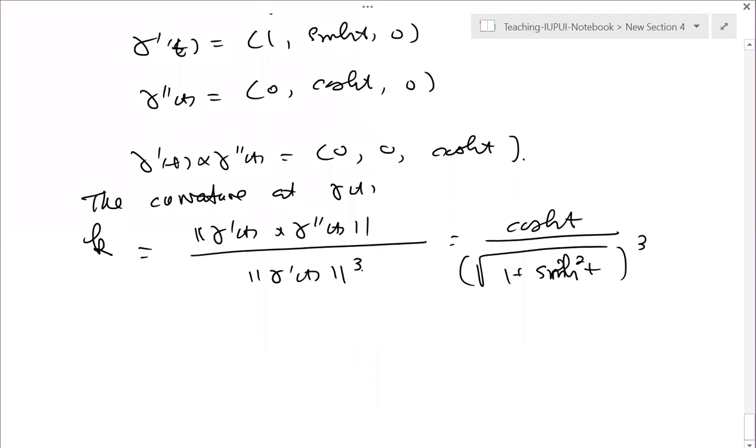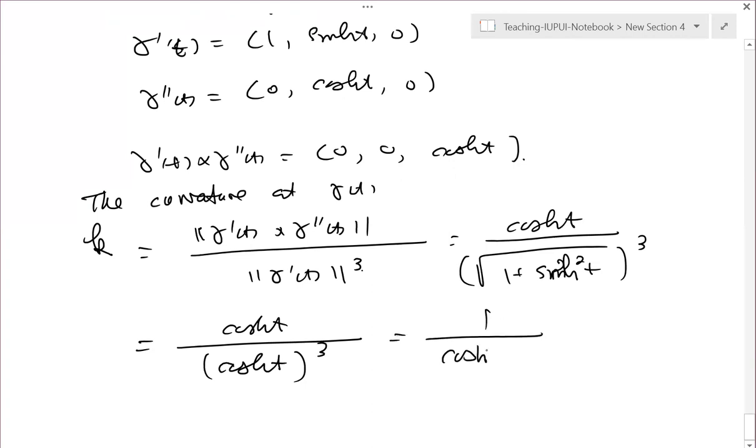How can I simplify? 1 plus hyperbolic sine squared t is hyperbolic cosine squared t. So this is going to be hyperbolic cosine t cubed. So this is the answer.